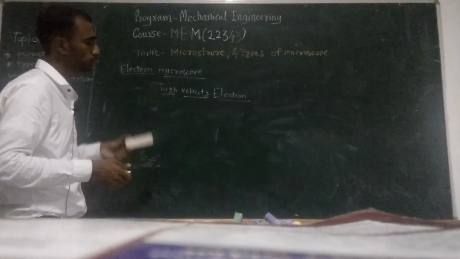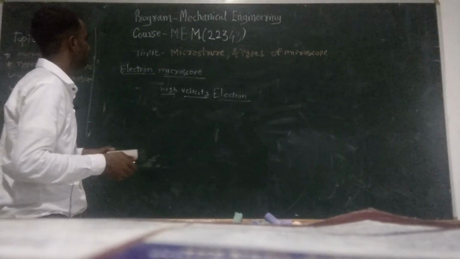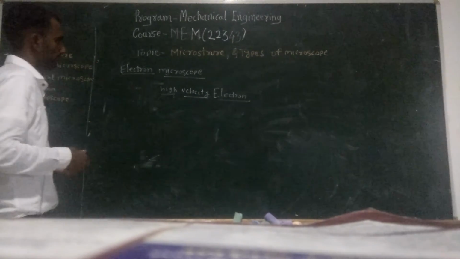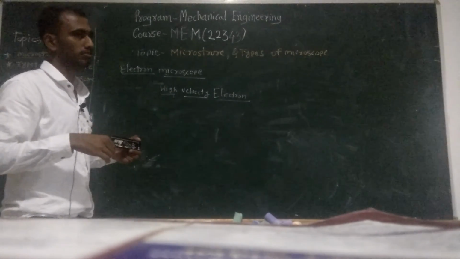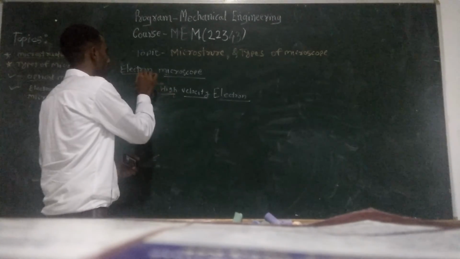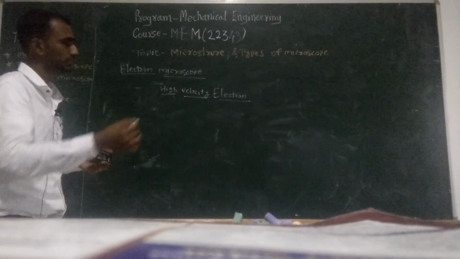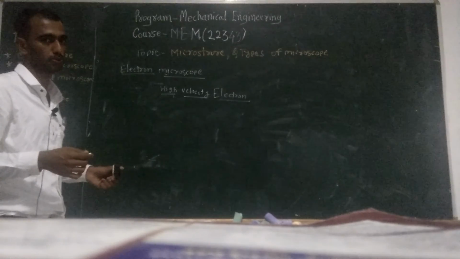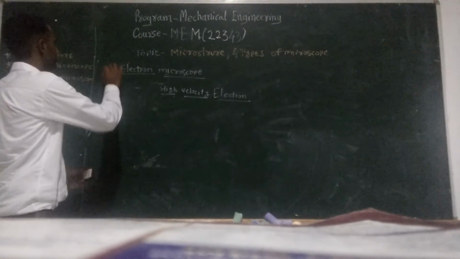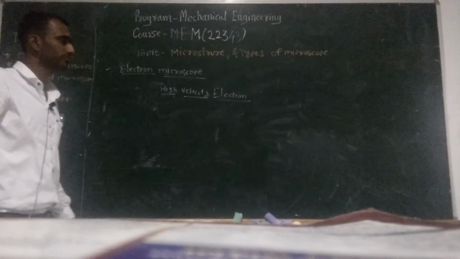They are very expensive as compared to the optical microscope. Hence, the microstructure we observe through the electron microscope has high accuracy, meaning it is more accurate as compared to the optical microscope. This is all about the electron microscope.